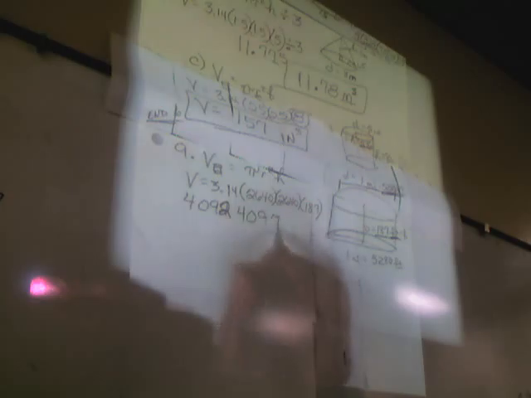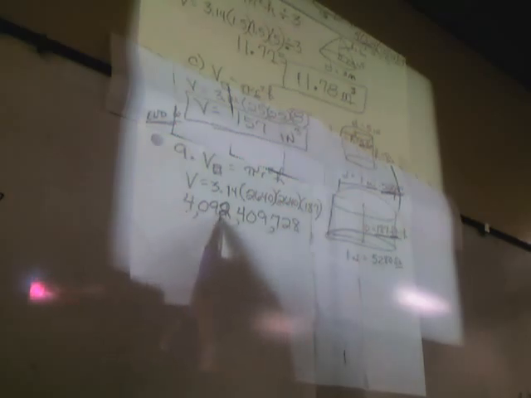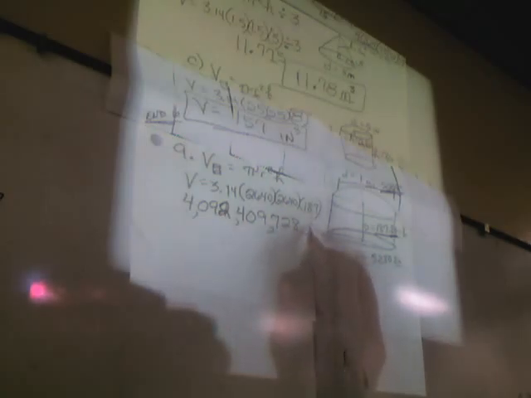So we got hundreds, thousands, millions, billion. We have 4,092,000,000, 409,728. These were feet, so it's cubic feet.